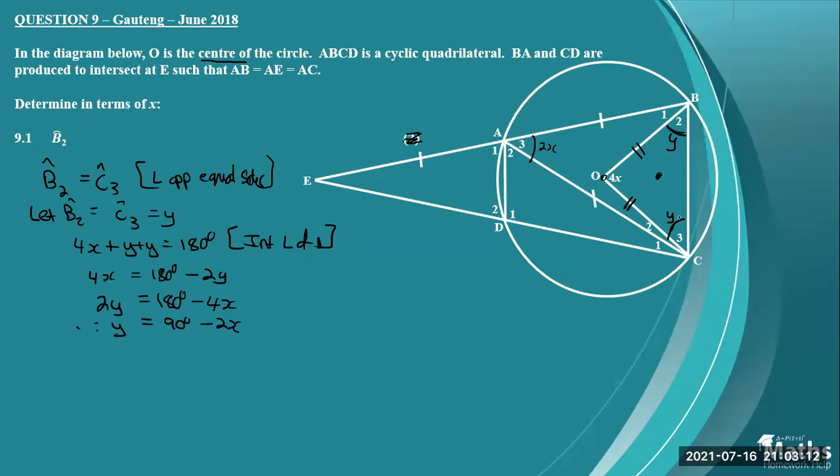So therefore, the y value is actually b2. So this one will be 90 degrees minus 2x, as well as this one. So therefore, b2 will be equal to 90 degrees minus 2x. You see, in terms of x.